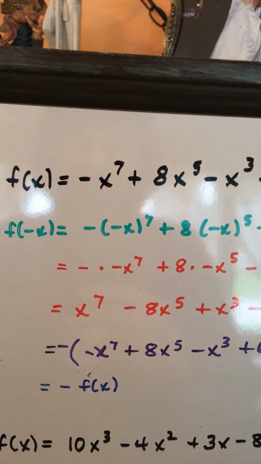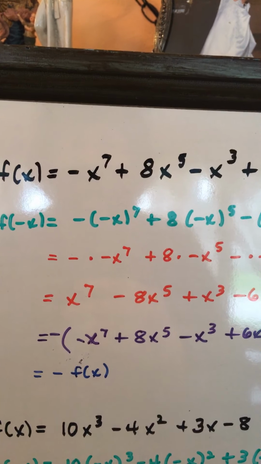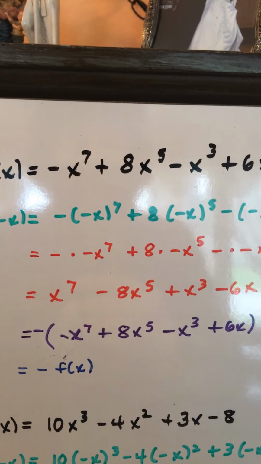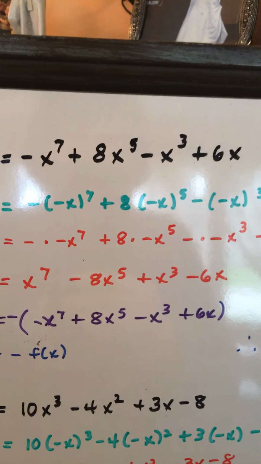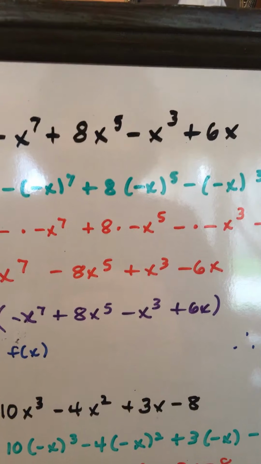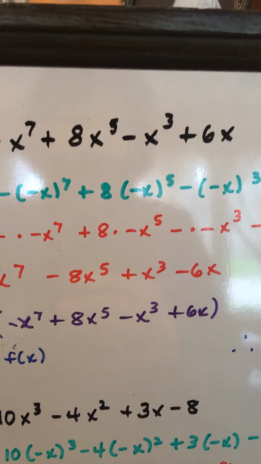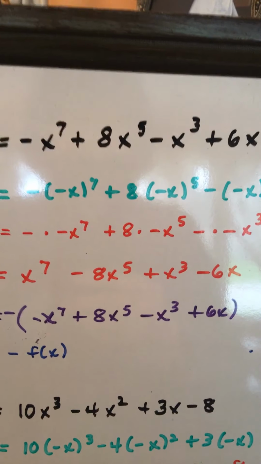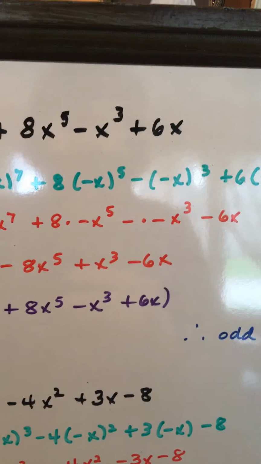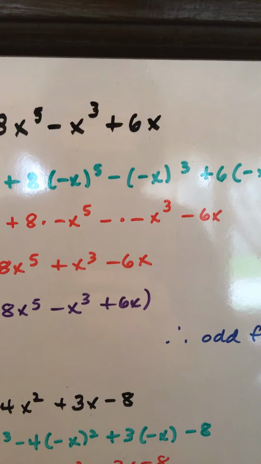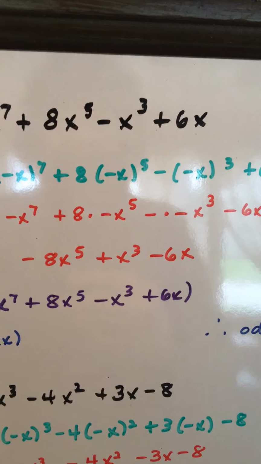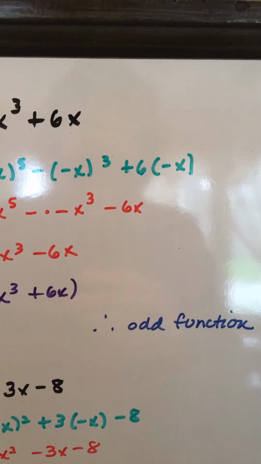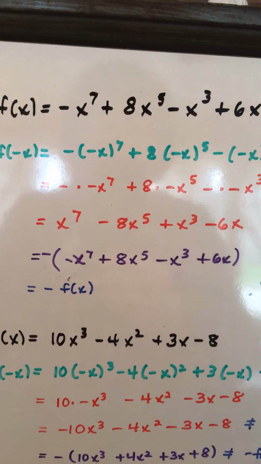A negative x, when I raise it to the 7th power, gives me negative times x to the 7th, times the original negative gives me x to the 7th. Negative x to the 5th gives me negative times x to the 5th, times 8 is negative x to the 5th. Negative x cubed gives me negative times x cubed, times the negative is positive x cubed, and the last product is just negative 6x.